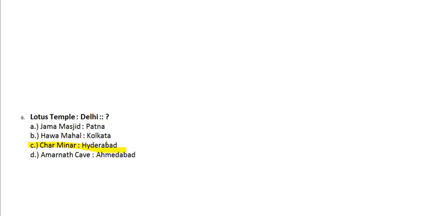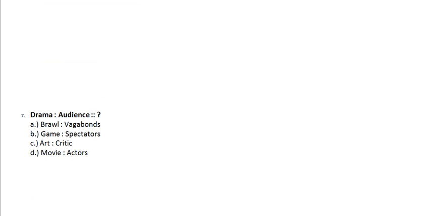Next question, drama and audience. We have to find its alternate pair. The logic is that drama is viewed by an audience. Similarly, a game is viewed by the spectators.